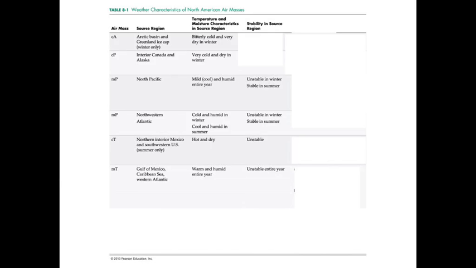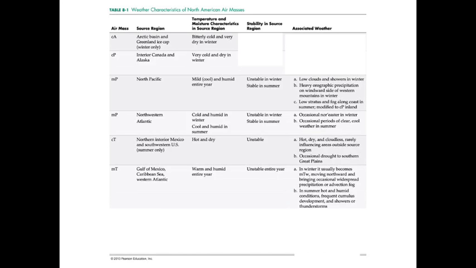Maritime tropical, it's really got it going on, because maritime meaning moist, tropical meaning warm. There you go, very unstable. Then the top up there, continental Arctic and continental polar: dry and cold, and dry and very cold. So they're stable, generally speaking.